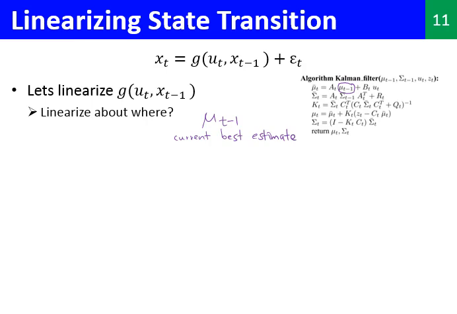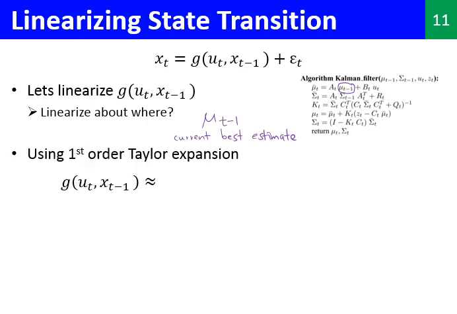Okay. So using the first order Taylor expansion, shall we linearize the state transition model at mu_{t-1}? Well, we assume u_t is known, so we take it as it is.